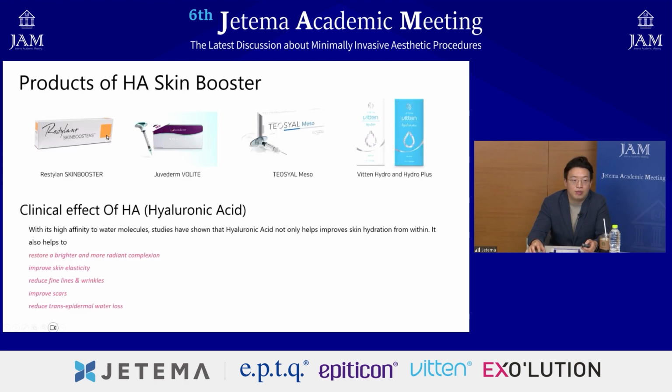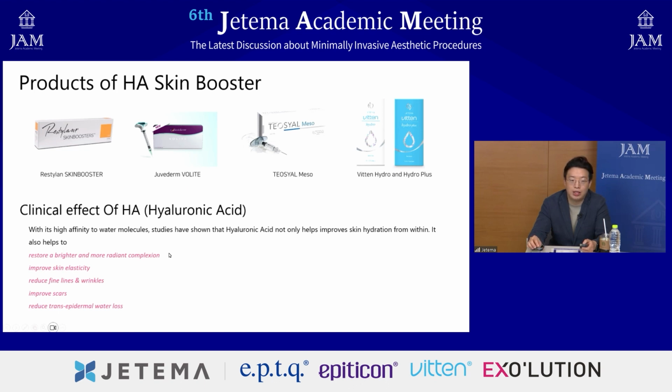So the famous ones I'll introduce here are Restylane Skin Booster, Juvederm Volite, and Teosyal. And from Jetema, we have Viten Hydro and Hydro Plus. So the clinical effect is brightening, I think the first one is brightening, and then it can improve the skin quality, but not so much skin elasticity or fine lines.